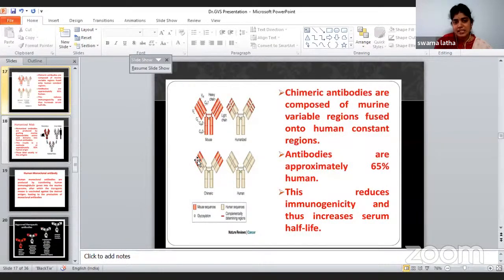These are the variable regions acquired from the mouse, and the rest is from the human antibody. In that way, the chimeric antibody is generated. Here we can say it is 65% human antibody, so there is less chance of allergic and other non-specific reactions. These can also be used.